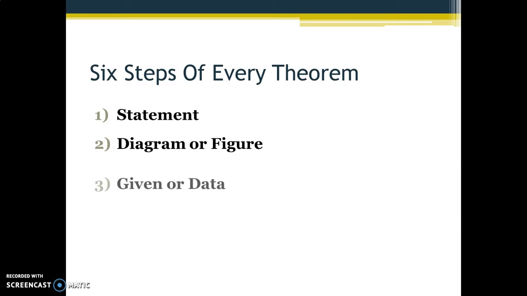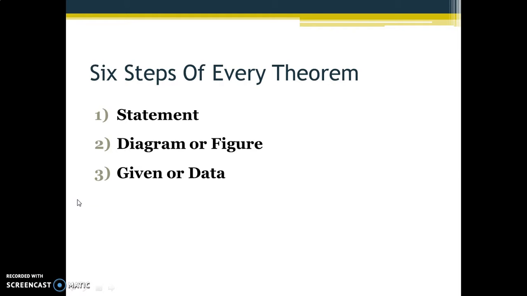Okay, then third is your given or data. Every statement of a theorem has 2 parts. The first part is the hypothesis part and the second part is the conclusion part. The hypothesis part starts with if and the conclusion part starts with then. For example, we can say if 2 lines intersect, then vertically opposite angles are congruent.